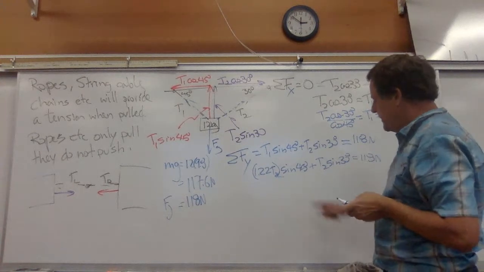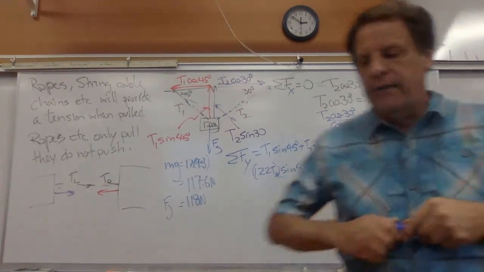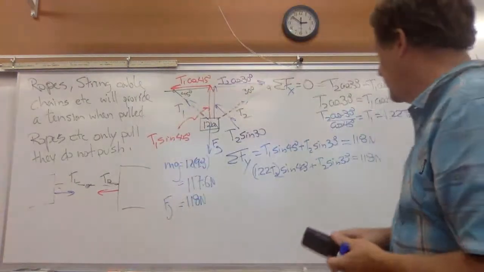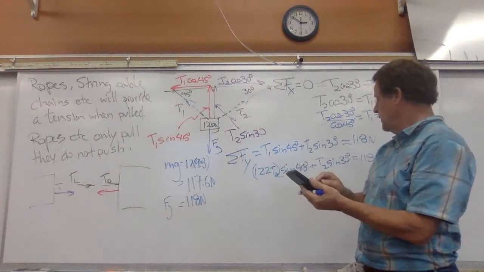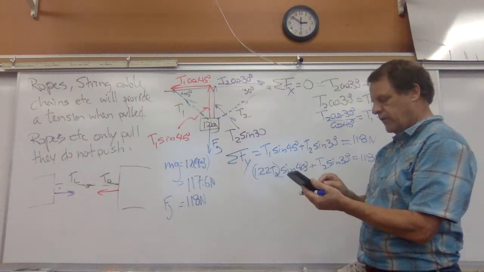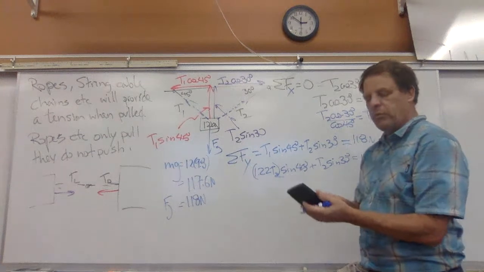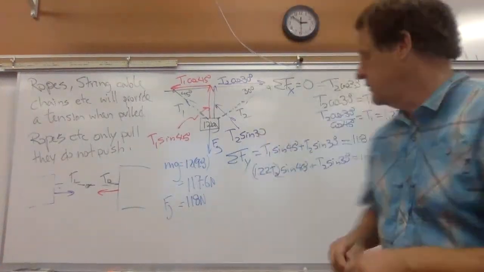Now we can break this down. The sine of 45 is 0.707, so we're going to take this 1.22 times the sine of 45, and it's going to give us 0.866.